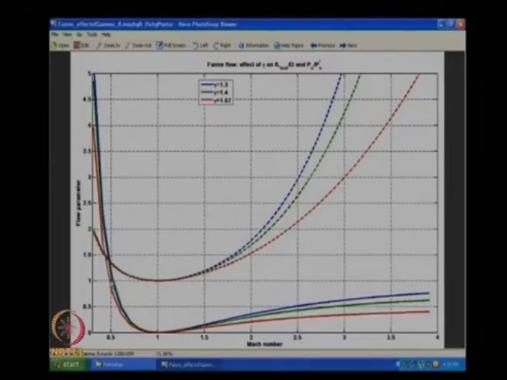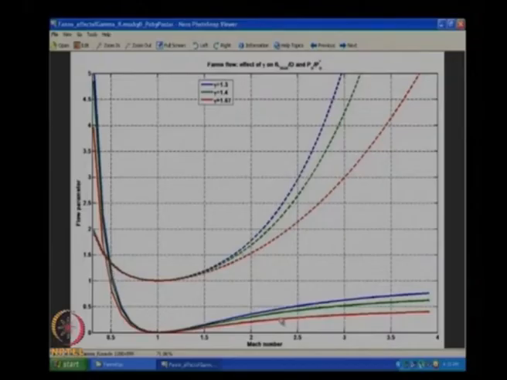If you think about a little more compressible gas, it looks like it can manage to go a little longer. fL star by D is a little higher for the same Mach number if it is more compressible. Is that logical? Yes, it is, because it is more compressible, it can squeeze through a smaller space. So even if somebody is resisting, they will manage to go through it.